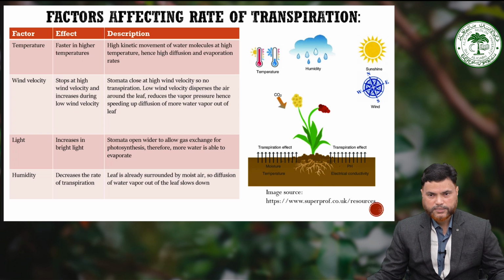Here we will discuss each one of them one by one and study their effect on transpiration individually. But we should keep one thing in mind, that these factors influence each other in natural habitat and consequently affect the rate of transpiration. First is temperature.